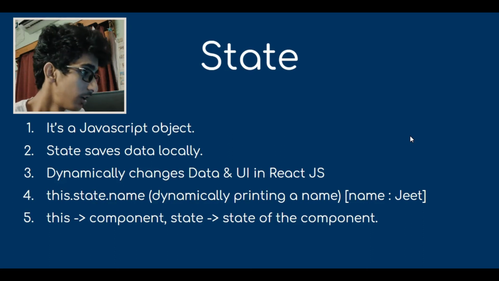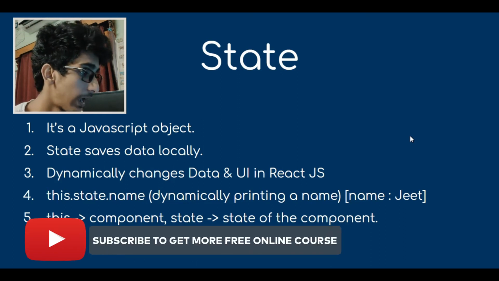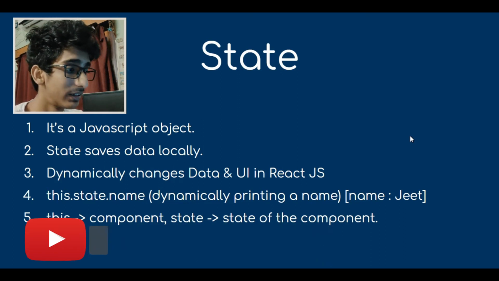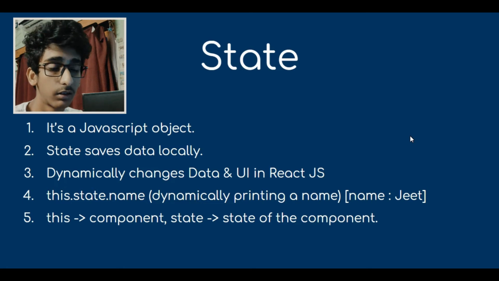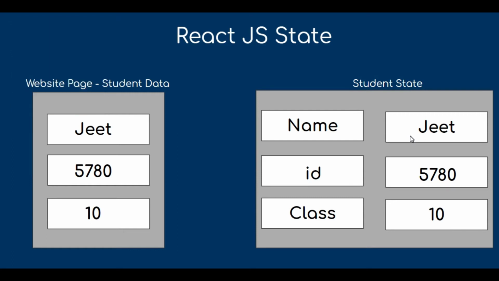So state saves data locally, and dynamically changes data and UI in reactjs. Now let me show you my next slide, and you will understand it. As you can see, we have two things here. One is student state and another one is website page student data.